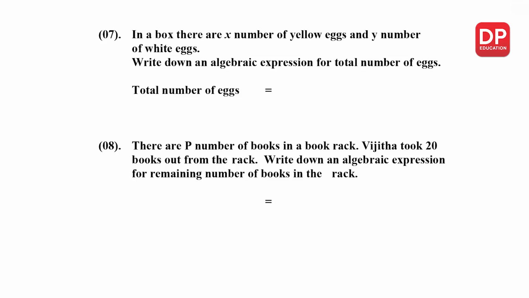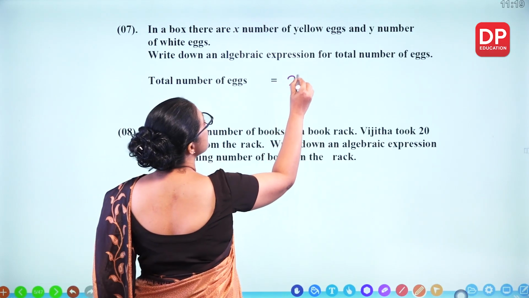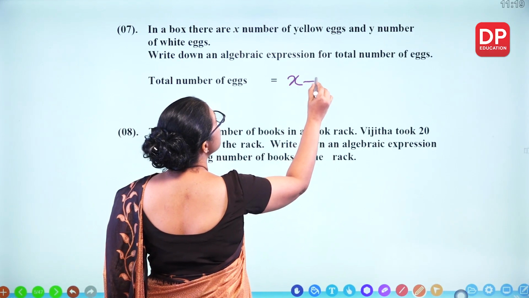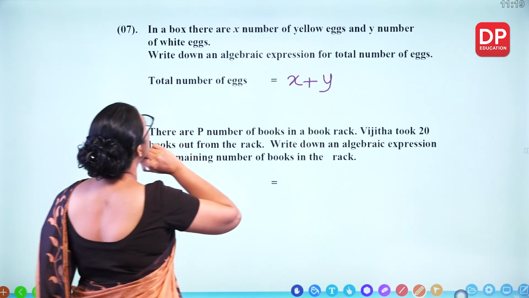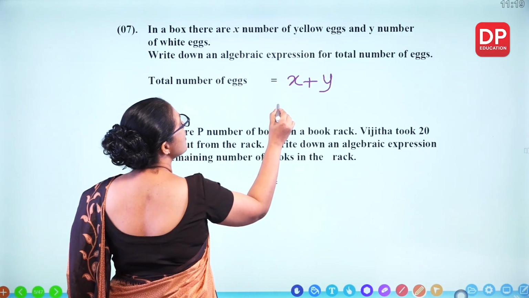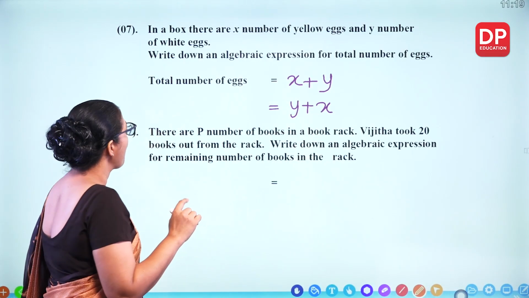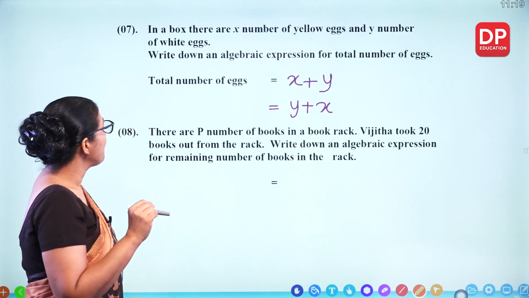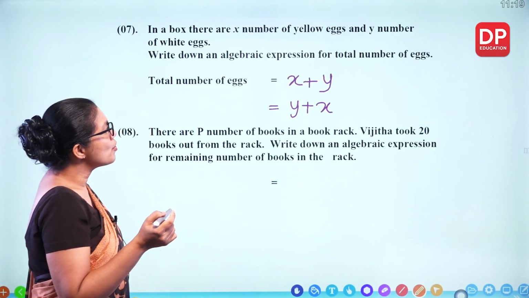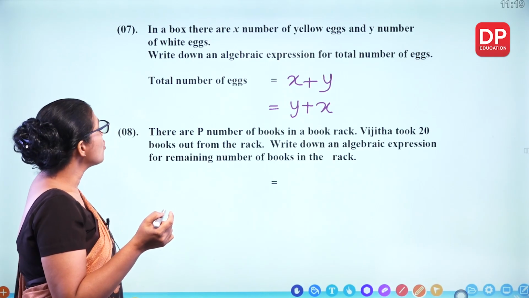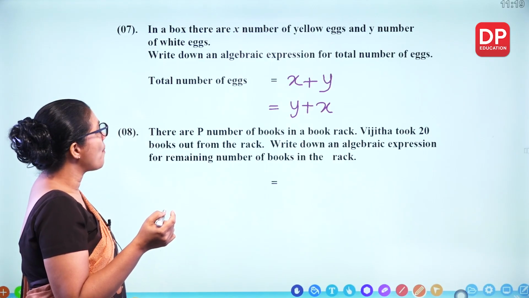Look at this one. In a box there are X number of yellow eggs and Y number of white eggs. Write down an algebraic expression for the total number of eggs. So X number of yellow eggs and Y number of white eggs, X plus Y, or you can write Y plus X. Look at the other one. There are P number of books in a book rack. Vijita took 20 books out from the rack.